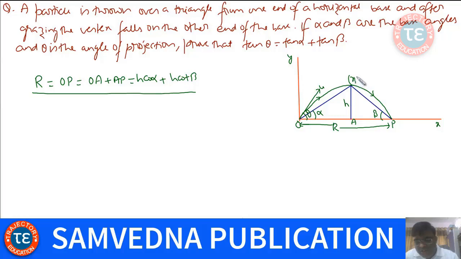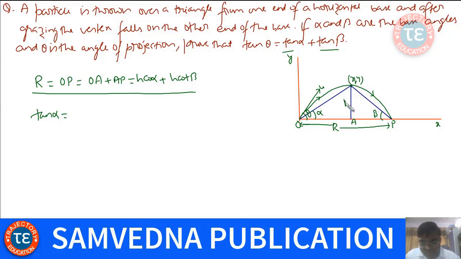Instead of this, what I can do is, let's consider the coordinate of this vertex as x comma y. So x comma y lie over here.